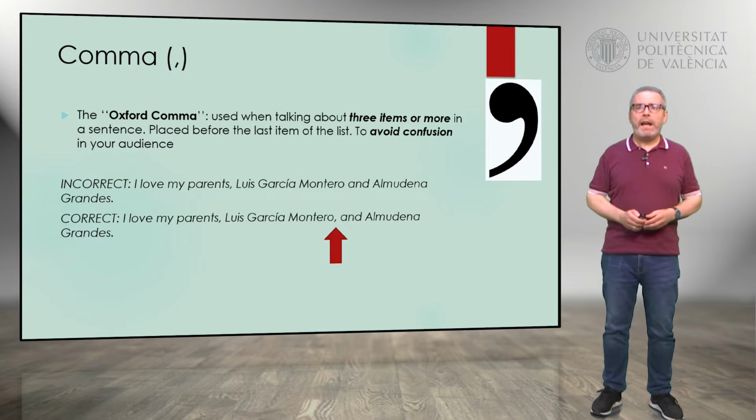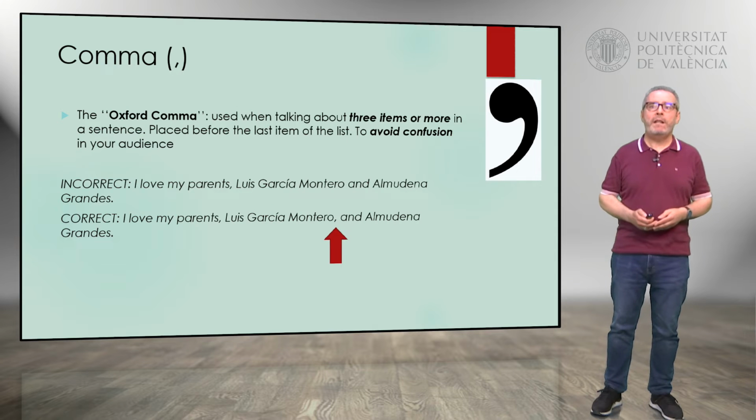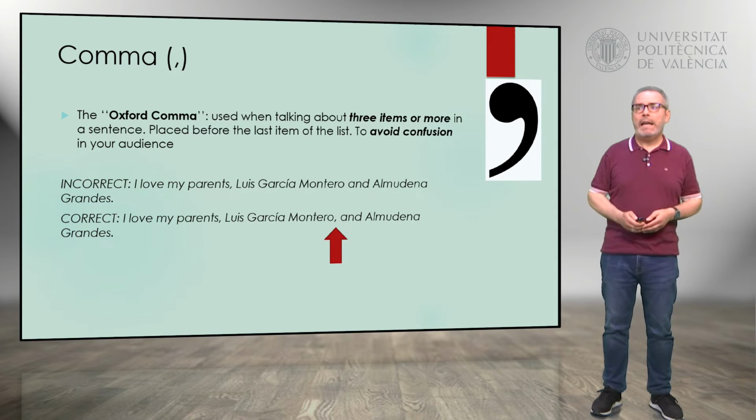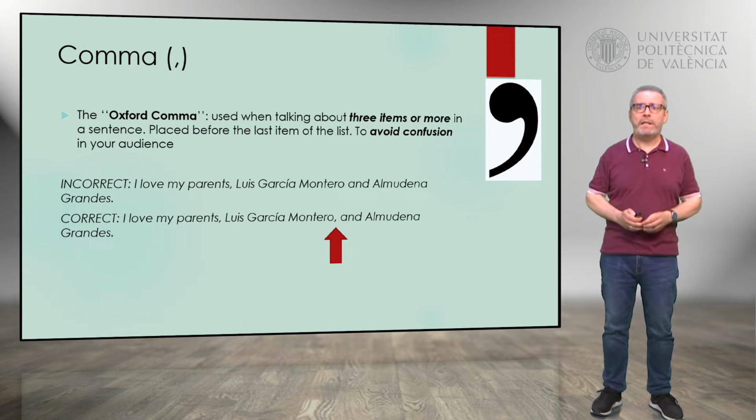We have a specific type of comma, which is called the Oxford comma, and it's used whenever we find three or more items in a list, in a sequence, and we put it before the last item in the list to avoid confusion. I'm going to give a very clear, specific example.